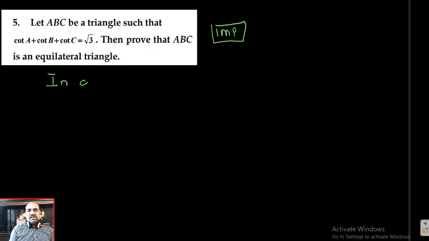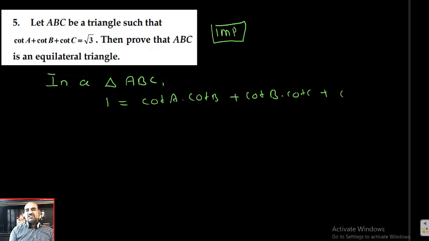In a triangle ABC, in the last part I proved one result. I want to write the result: 1 equals cot A into cot B plus cot B into cot C plus cot C into cot A. This is one thing.